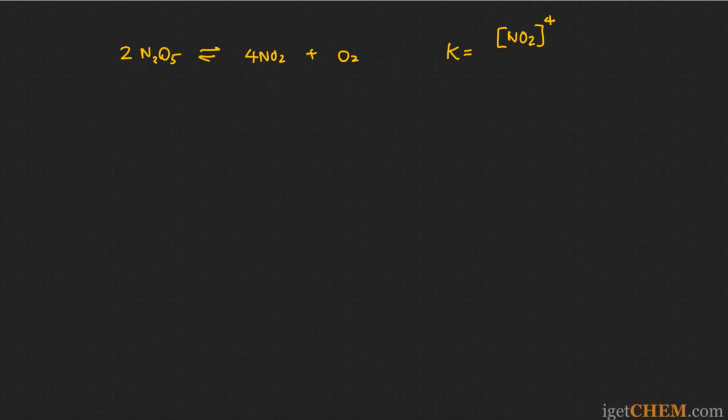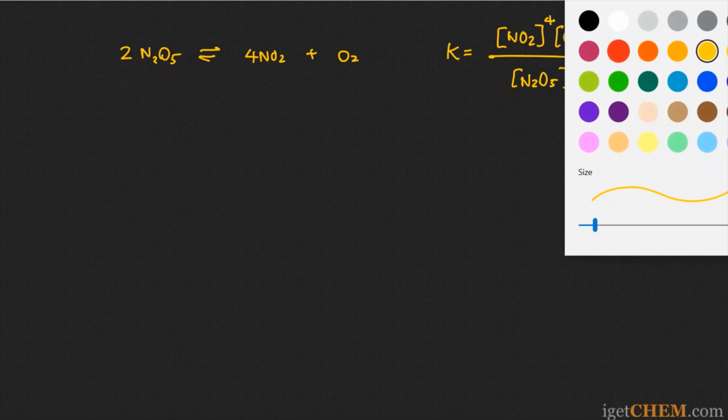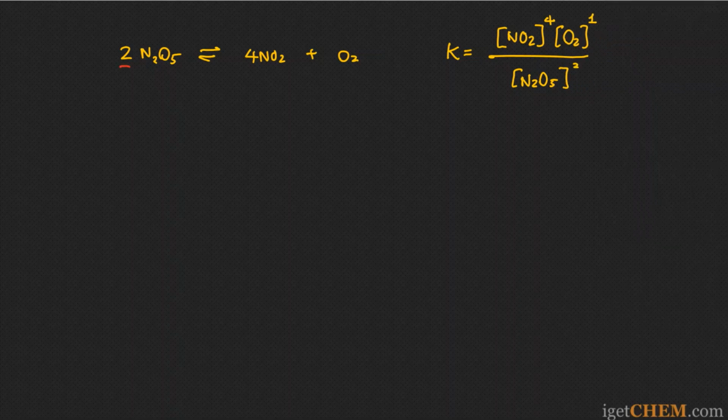So we see a 4 in front of NO2, so NO2 concentration raised to the 4th power, and O2 concentration raised to the 1st power, and the N2O5 being the reactant goes into the bottom, and it's raised to the power 2. So you see that these coefficients right there, 2, 4, and this implied 1 go into the exponents in the equilibrium expression.